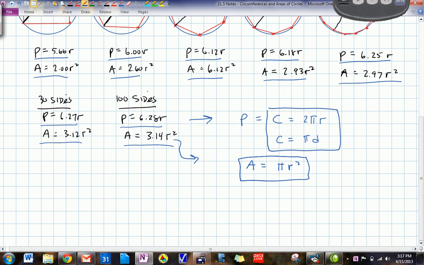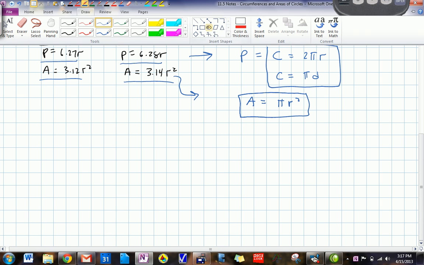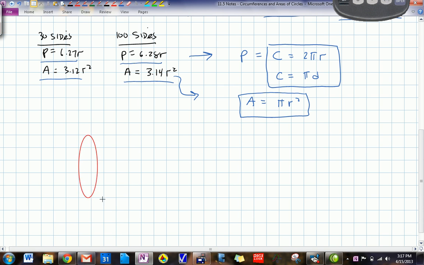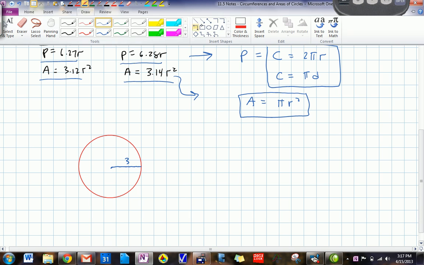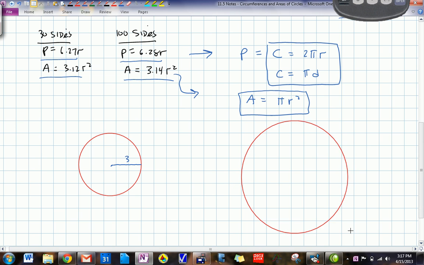Okay, I think just to finish this up, I want to talk about a couple of circles. So I'm just going to draw a small circle. And we're going to say that this small circle has a radius of, let's say 3. And then I'll draw a bigger one, not necessarily drawn to scale, but just a larger circle here. Let's suppose that this circle has a radius of 9.